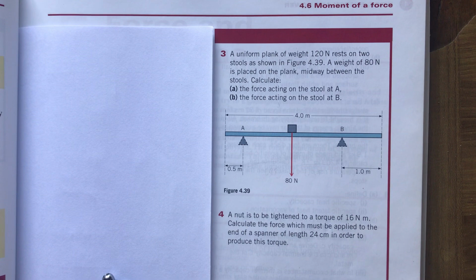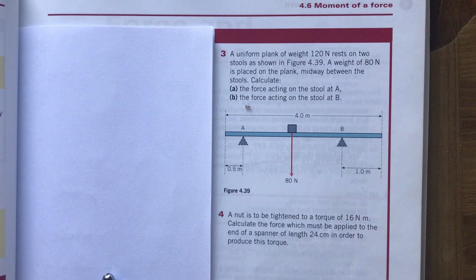Number three: a uniform plank of weight 120 newton rests on two stools as shown in figure 4.39. A weight of 80 newton is placed on the plank midway between the stools.